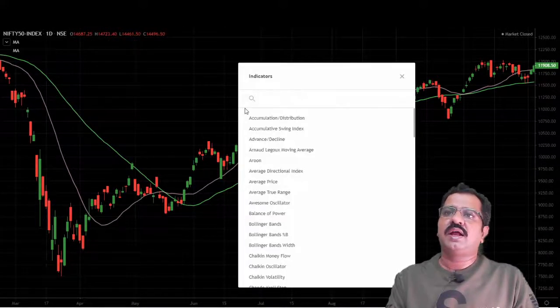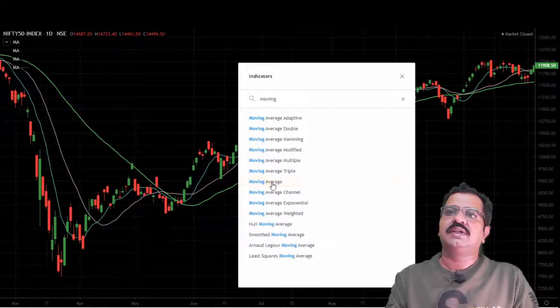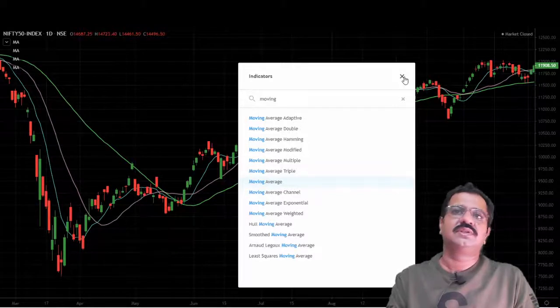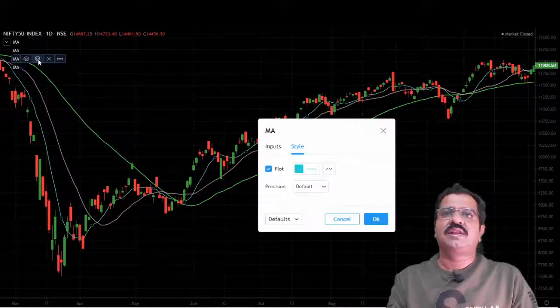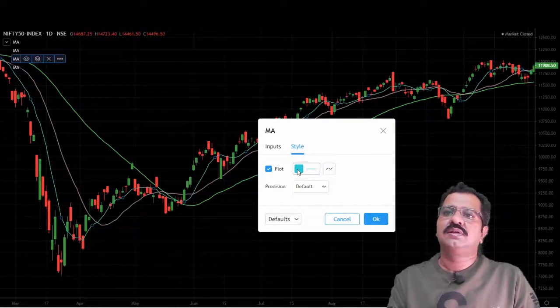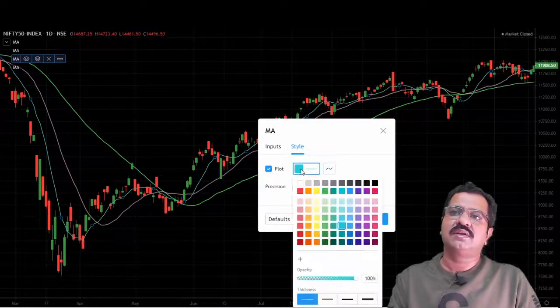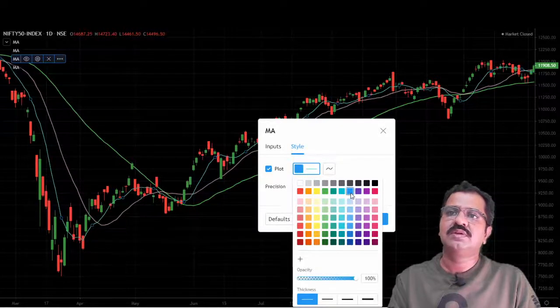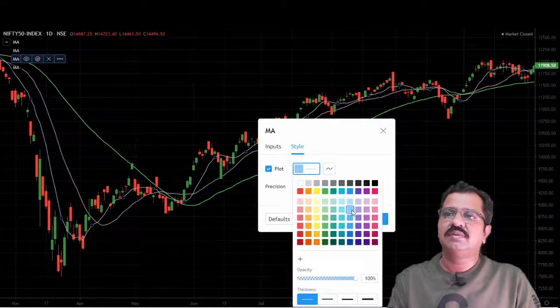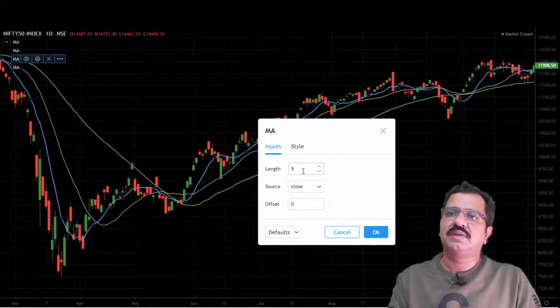So we'll add 100 moving average, and then we'll add 200 moving average. So let's first add 100 moving average. Okay, I'll make it blue, and I'll make it little faint blue so that it will be clearly visible, and I'll make it little bold, and I'll make it 100.